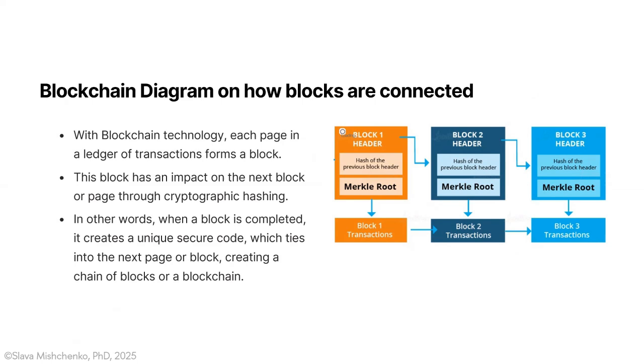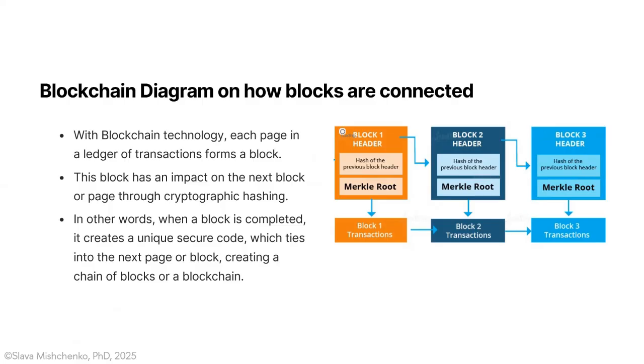And the blue arrows showing the connections between blocks are crucial, because if anyone tries to alter a transaction in block 1, for example, it would change block 1's hash, which would then invalidate block 2, and so on through the chain. And this is what makes blockchain practically impossible to tamper with.